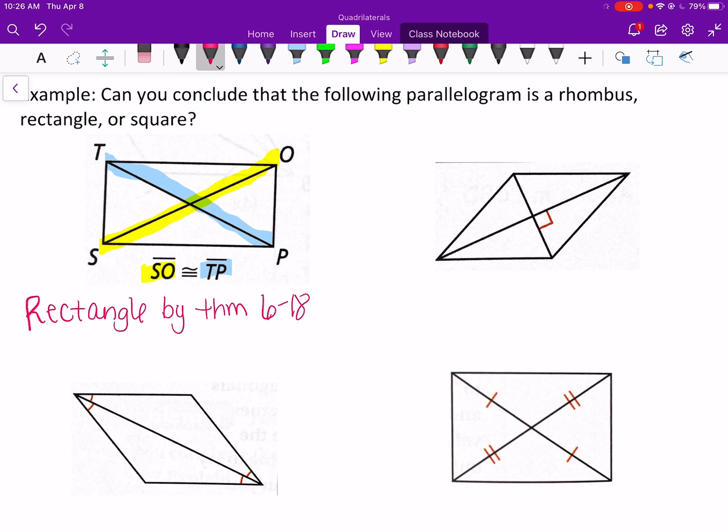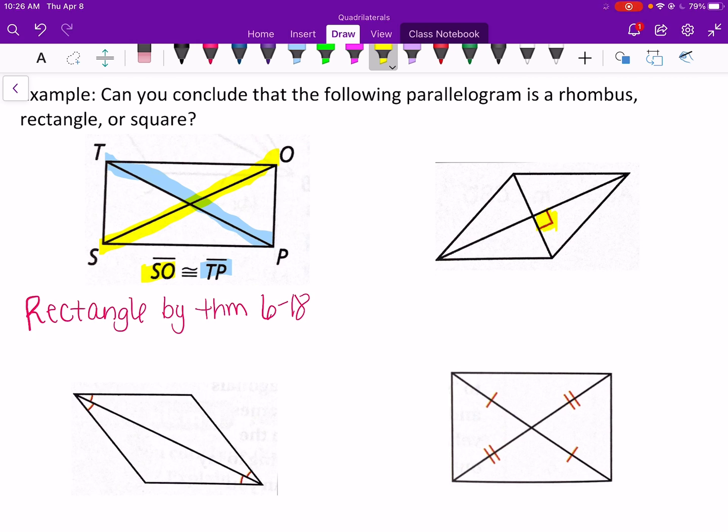Next one, it looks like we have another parallelogram with diagonals. And notice this right angle right here, where the diagonals meet, or where they intersect. If the diagonals intersect at a right angle, that means they are perpendicular.